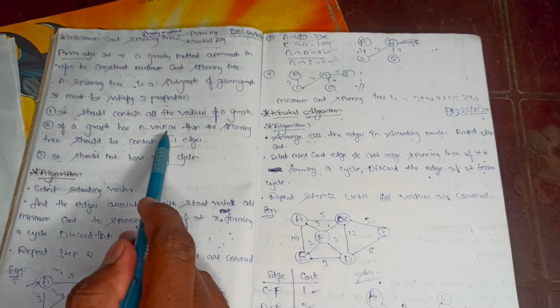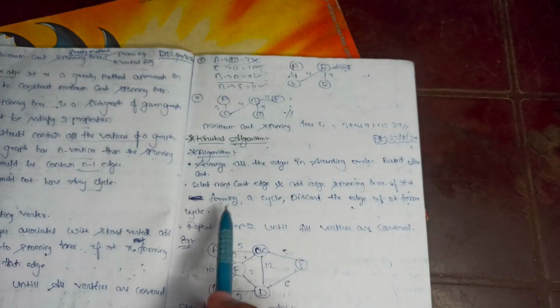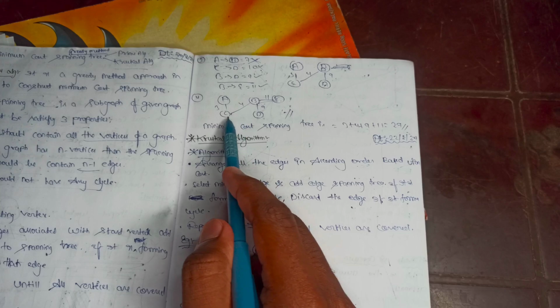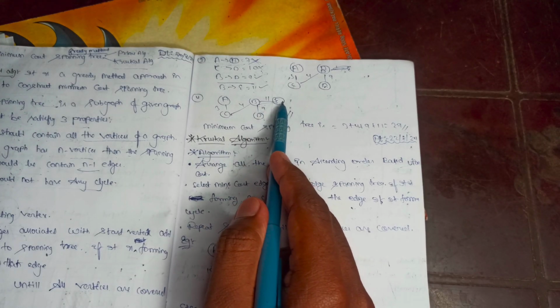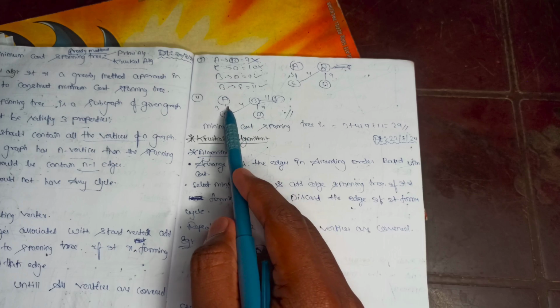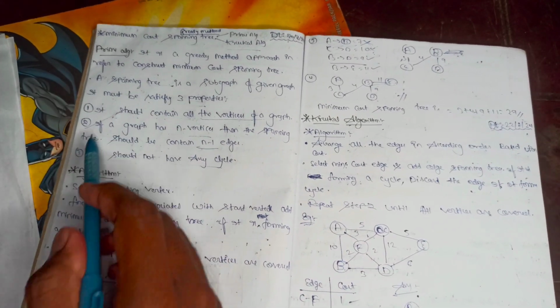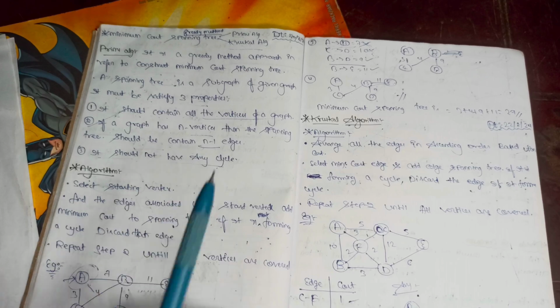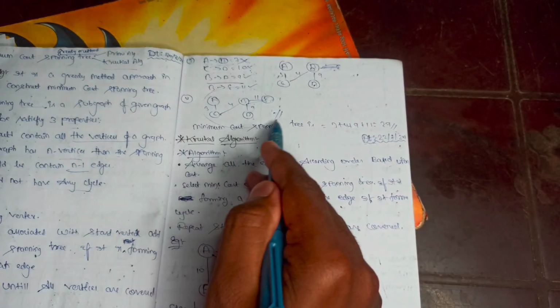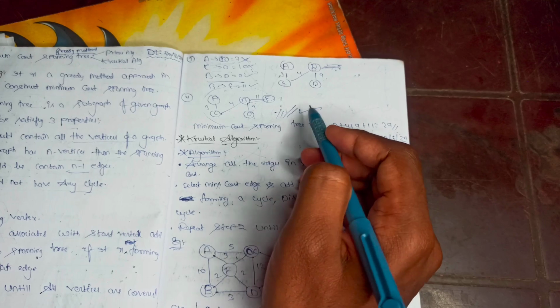Next, it should contain n vertices and n minus 1 edges. N vertices means a, c, b, d, e, and n minus 1 edges: with 5 vertices, 4 edges, 1, 2, 3, 4. This rule is also satisfied. Next, it should not form any cycle. Here no cycle is formed, guys. So this is the required output of Prim's algorithm.